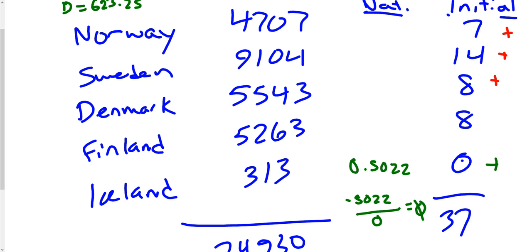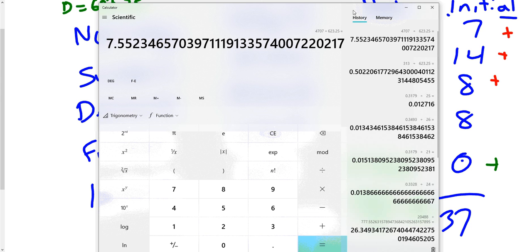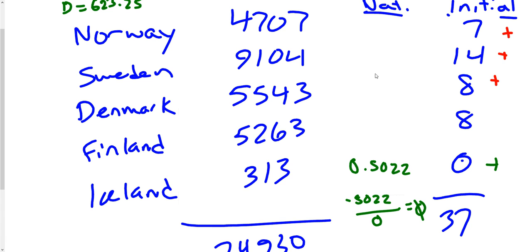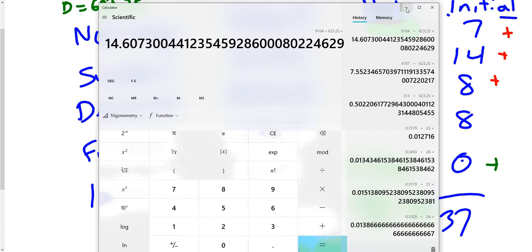So now if we go do some of the rest of these, if we do 4707 divided by 623.25, we get 7.5523. We get 9104 divided by that, 14.6073.